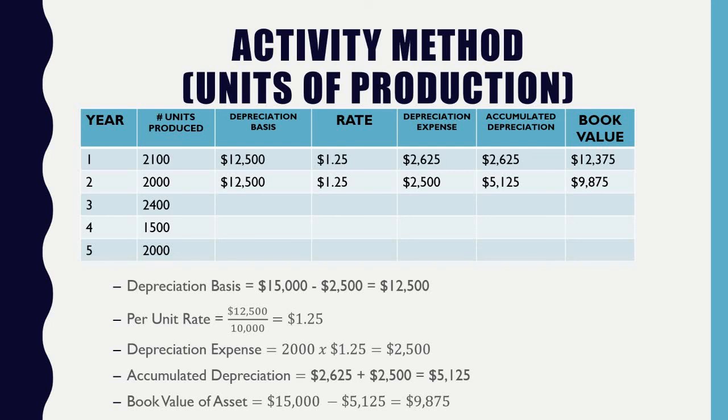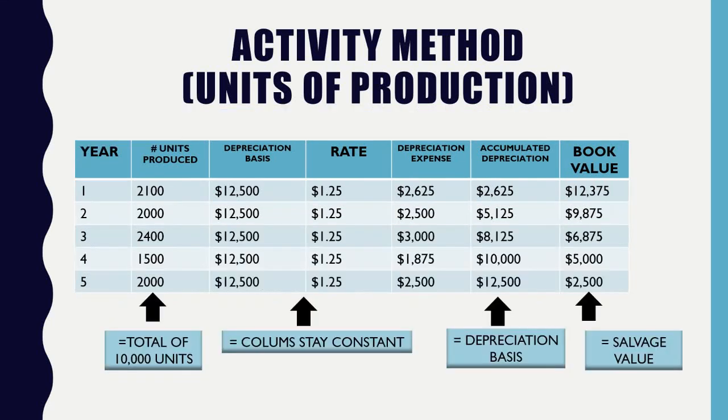I added my previous year's accumulated depreciation, which was the 2,625, plus my current depreciation expense, which is 2,500, to give me a total of 5,125. And I subtracted 5,125 from my 15,000 to get a new book value of 9,875. Okay.